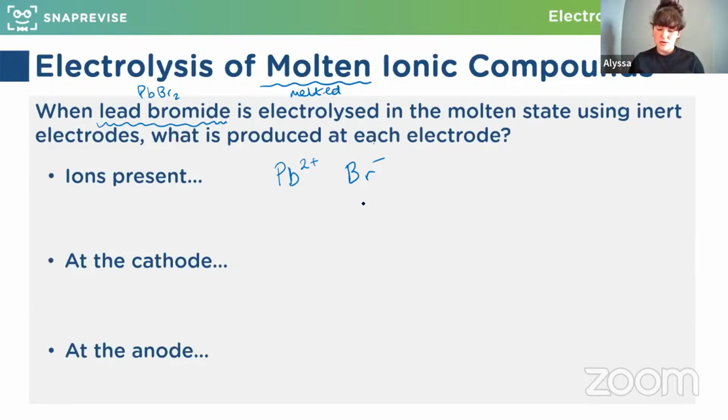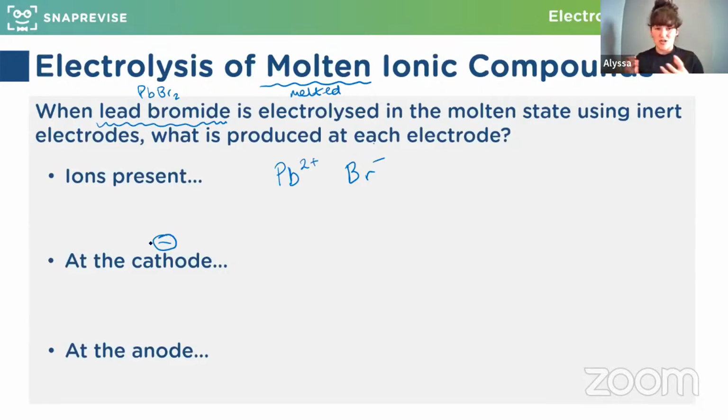At the cathode, whoops, sorry, I pressed a button. At the cathode, if we think back, cations are attracted to the cathode, so the cathode must be negative. So which ions are going to be attracted to the cathode? And therefore, what's it going to form? Brilliant.